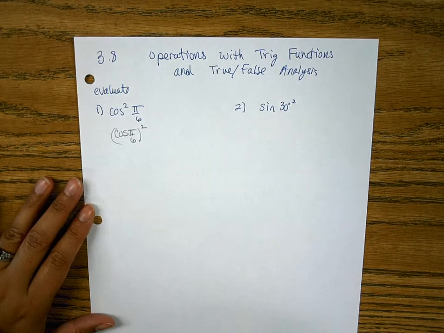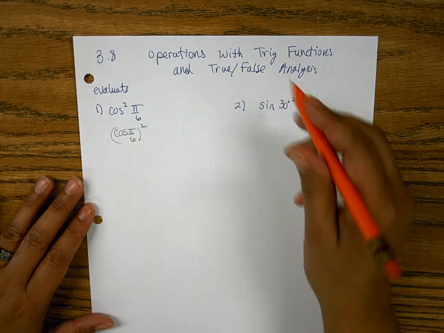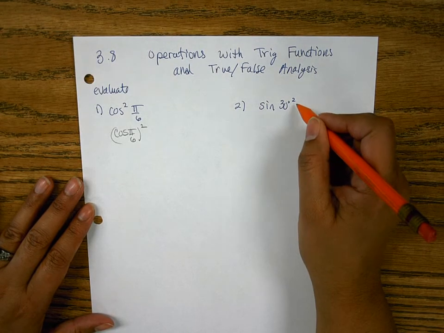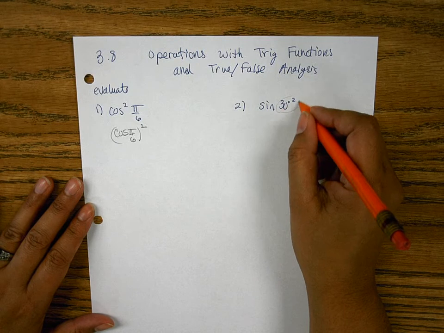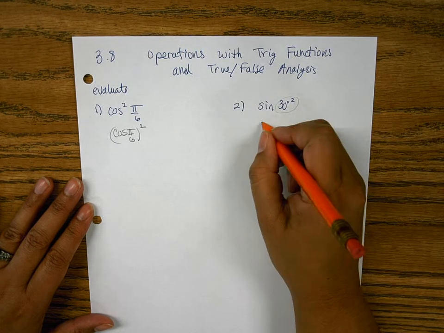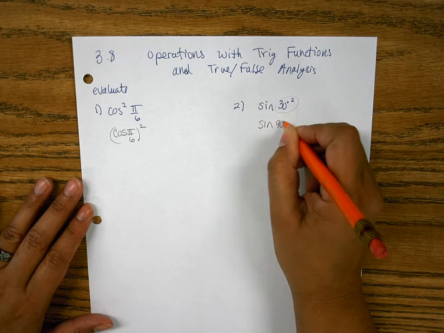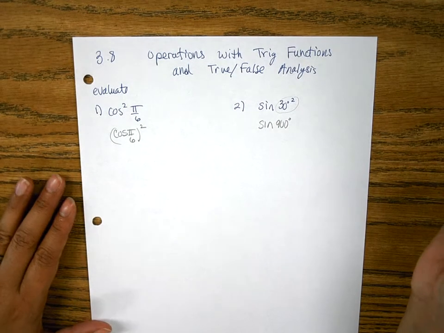Where this one, because there's no parentheses, and it's written out here on the 30, this is asking you to square the 30 first. 30 times 30 is 900, so you're finding sine of 900 degrees.